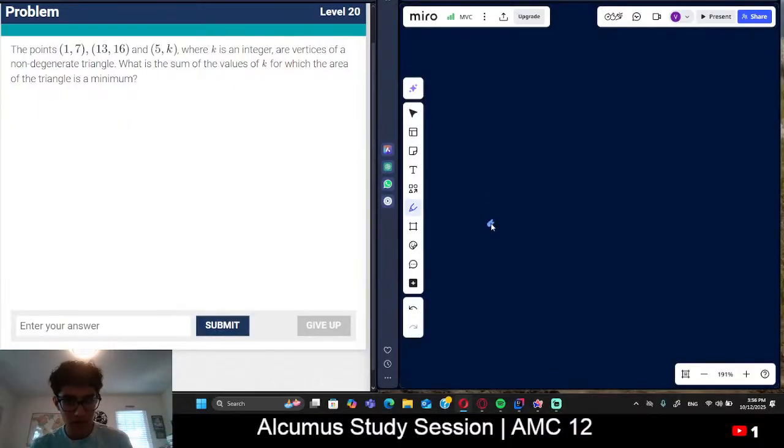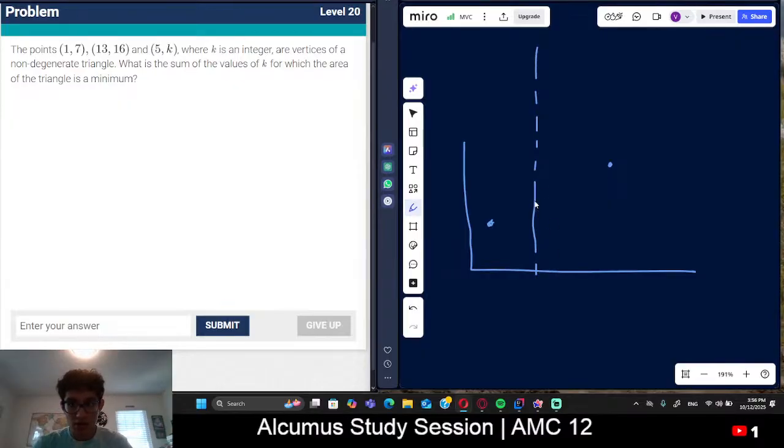I think so. 1 and 7 would be somewhere like something like that. 13 comma 16 would look something like that, and then 5 comma k would be along this line over here. So we want a triangle. It just can't be here essentially, right?